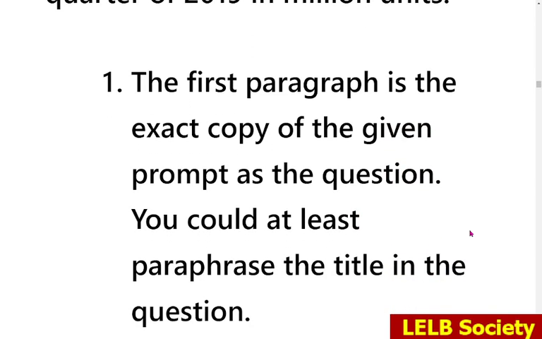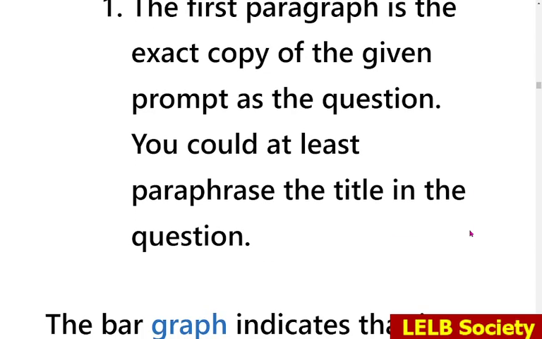The first paragraph is the exact copy of the given prompt. You could at least paraphrase or rephrase the title in the question. Paraphrasing is the act of writing something in your own language, so the form is different, but the meaning and the content are the same.